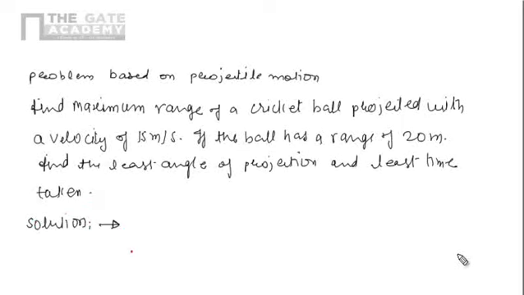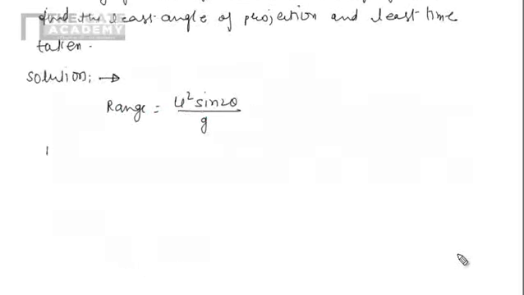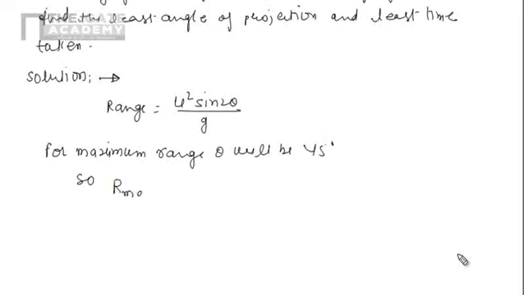First we will go for maximum range. We know the formula for range is u square sine 2 theta by g, and we know for maximum range theta will be 45. So R max, that is maximum range, will be u square sine 2 into 45 degree divided by g.